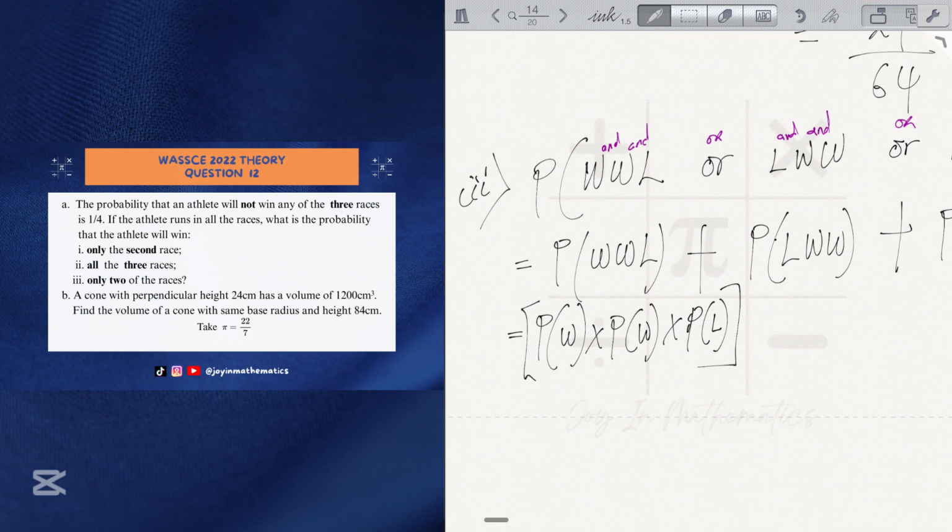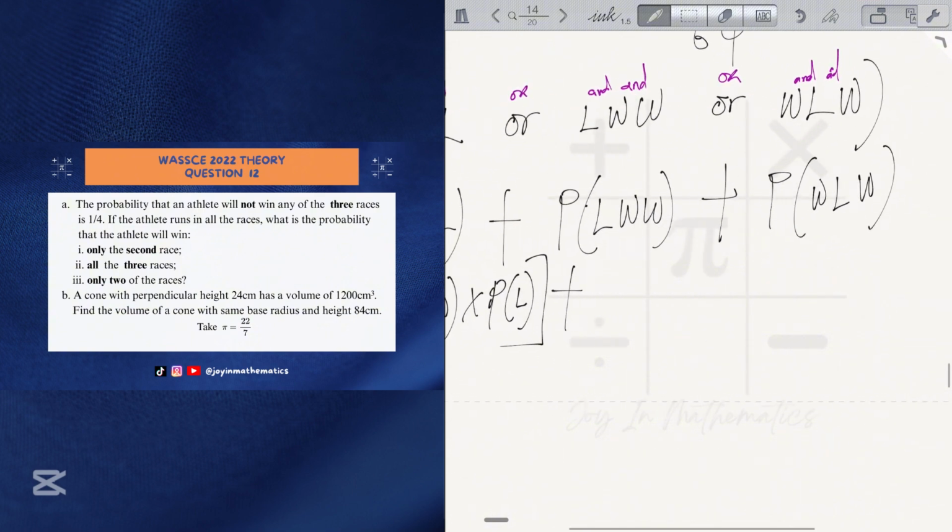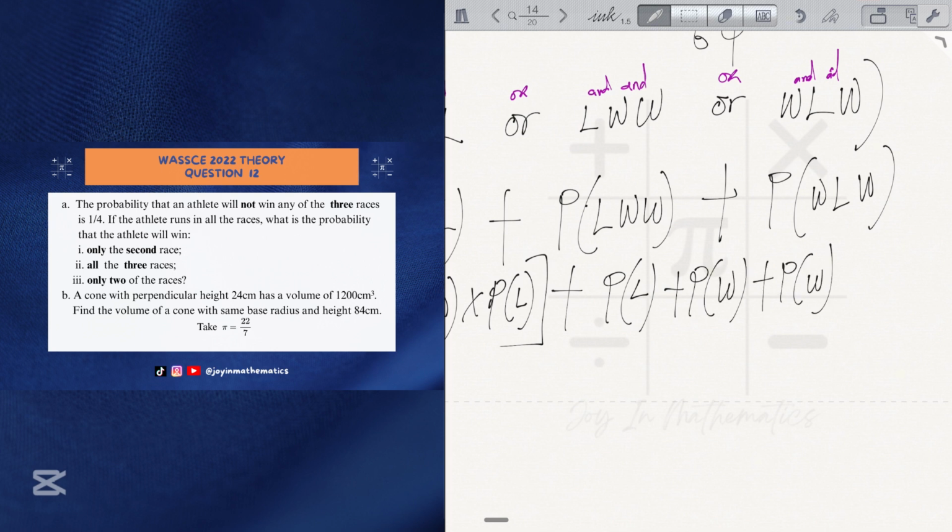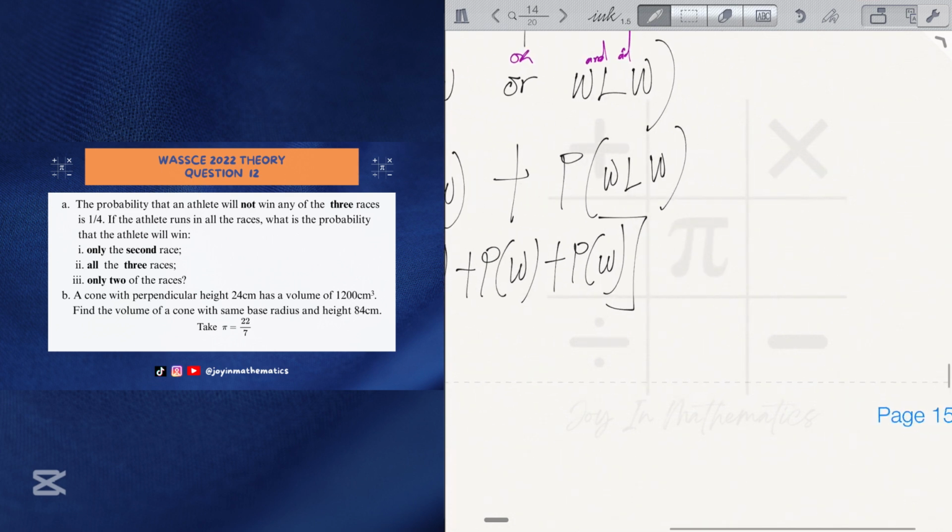Then we move further to the expression of this, and we will have the probability of losing plus the probability of winning plus the probability of winning, which is the second "or", and the last one will be plus the probability of winning the first.